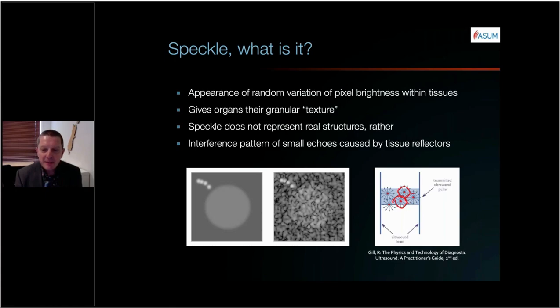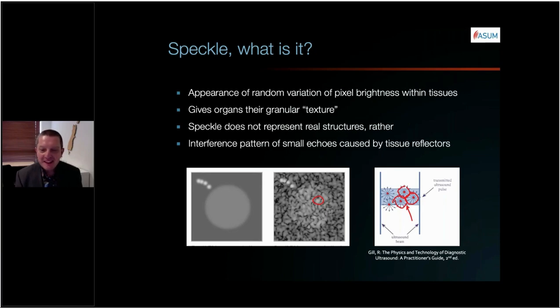In this example that I'm highlighting, there is a region of constructive interference between three very small wavelets, and at that point in space, the echo will be quite strong, and it's possible that this echo will then return back to the transducer and form one bright dot on our ultrasound display.